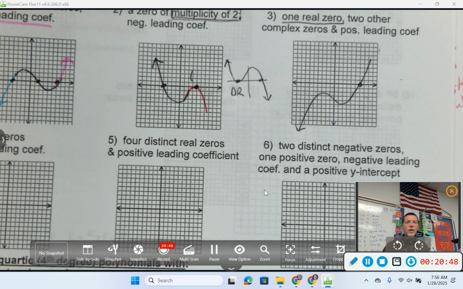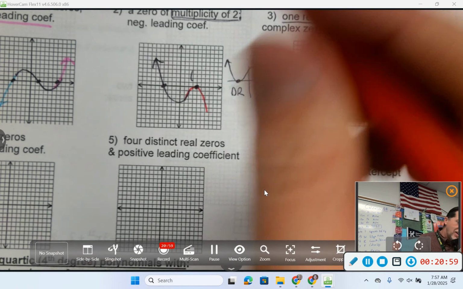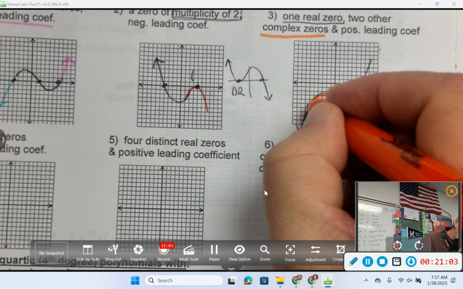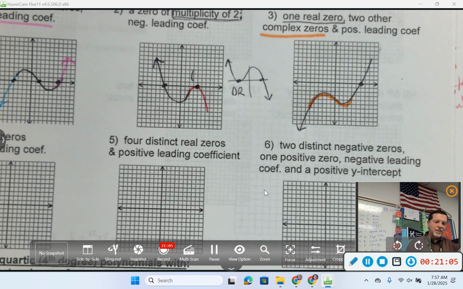That's right. When it squiggles without hitting the x-axis, that means complex zeros. Because you're getting turns, but you didn't cross the axis, so something crazy is going on.